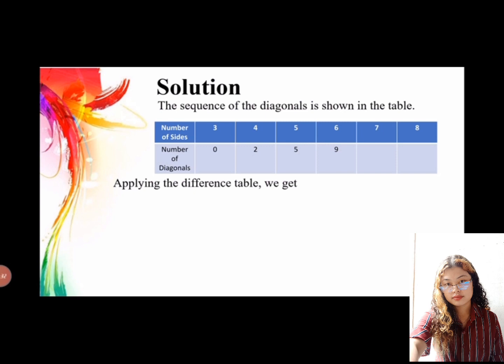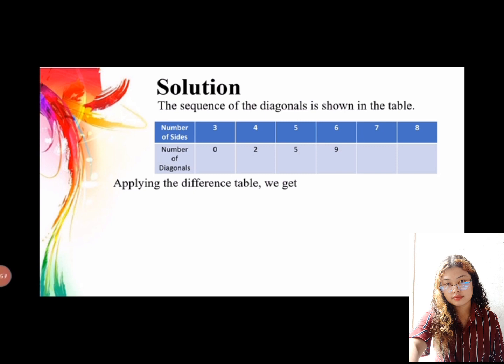So let's first look at the number of sides. We have 3 for the triangle, since a triangle has 3 sides, then we have 4 for the quadrilateral, 5 for the pentagon, 6 for the hexagon, 7 for the heptagon and 8 for the octagon. And then the number of diagonals.